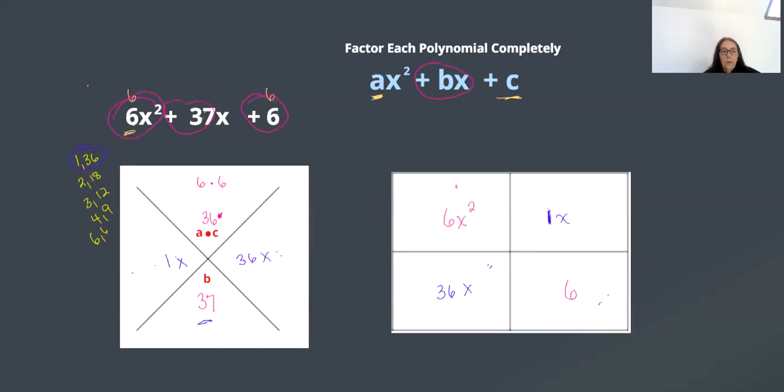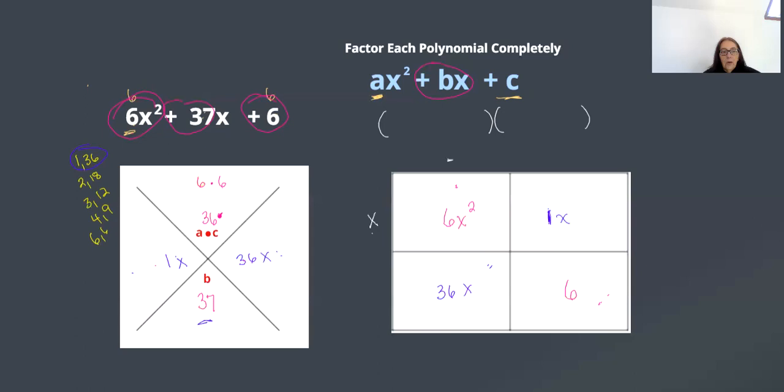Okay? How are we doing? We're going to factor this into two binomials. So looking at the first two boxes, we got 6x squared and 1x. What is the greatest common factor? Well, the 1 and 6, we can't take anything out. It's only 1. That's not going to change anything. But we can take out an x. They both have an x. And then ask yourself, x times what is 6x squared?